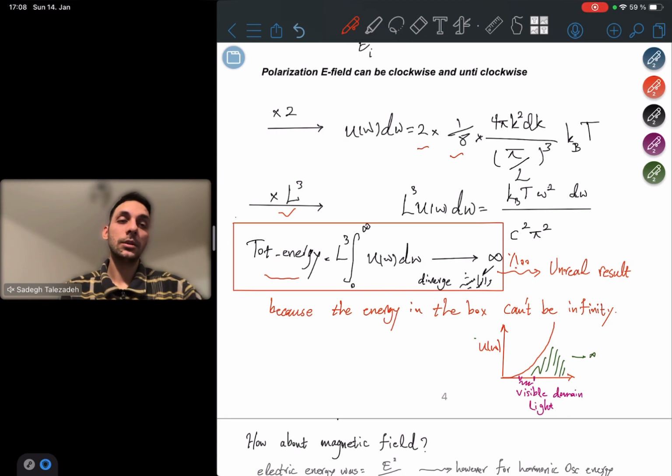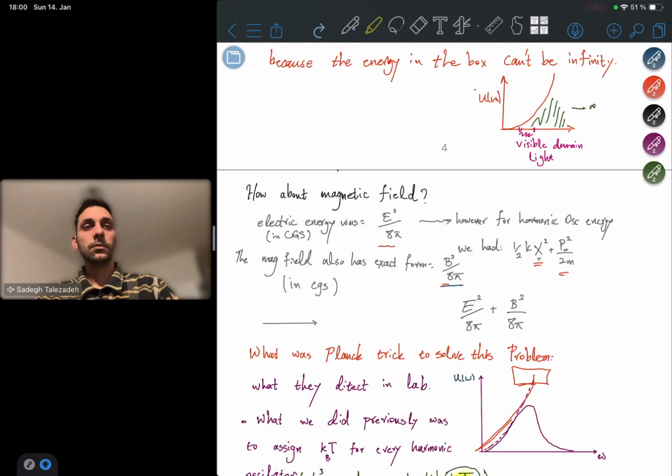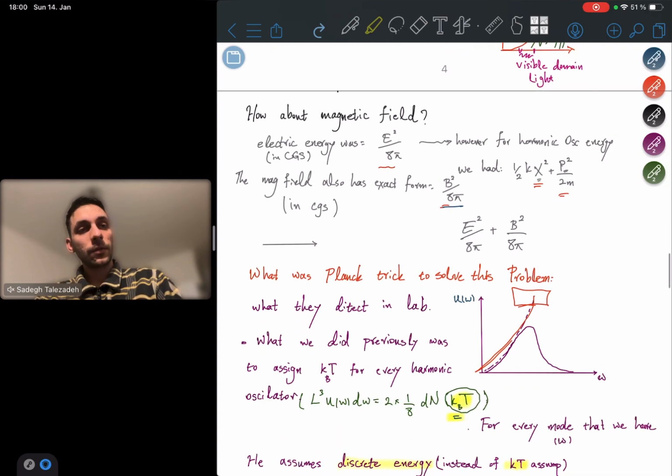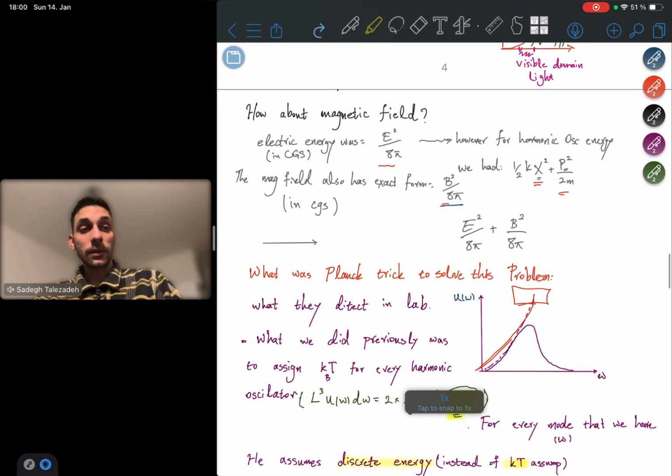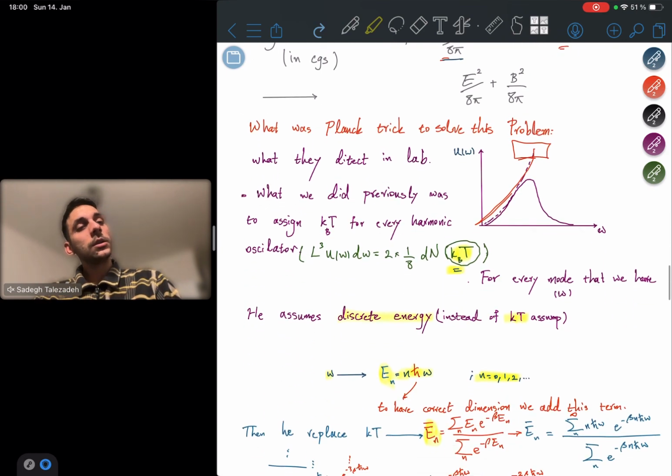Because the energy in the box cannot be infinity, we have a problem here. So either the classical physics doesn't work, or we are missing something. If we do the same things for the magnetic field, we will get the same result for the energy.